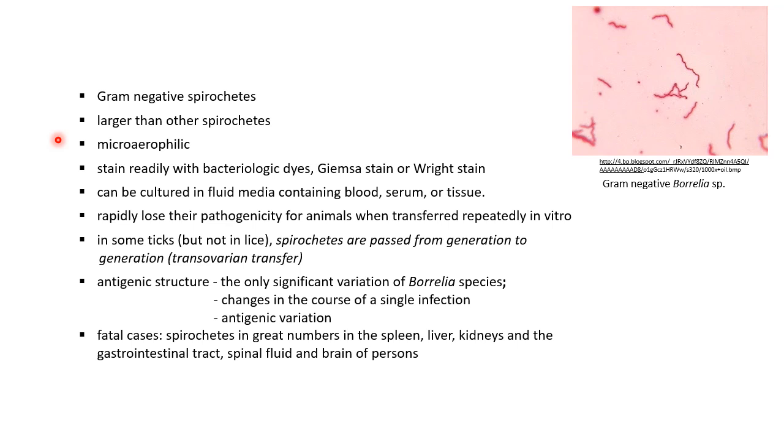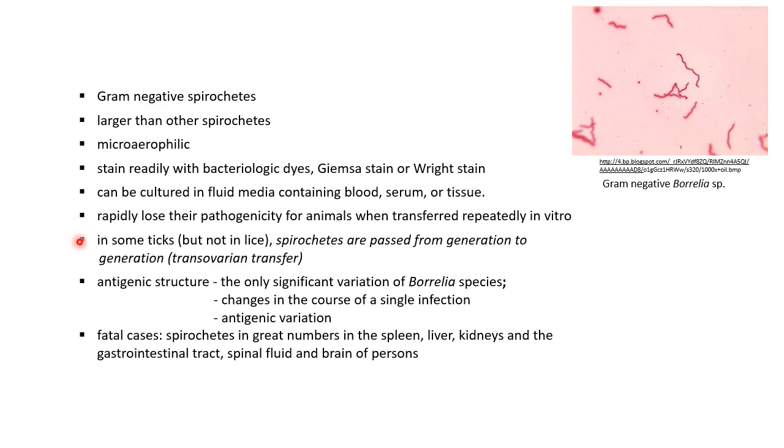They are microaerophilic and stain readily with bacteriologic dyes, also with dyes used to stain blood smears such as Giemsa or Wright stain. Borrelia can be cultured in fluid media containing blood, serum, or tissue, but they rapidly lose their pathogenicity for animals when they are transferred repeatedly in vitro.